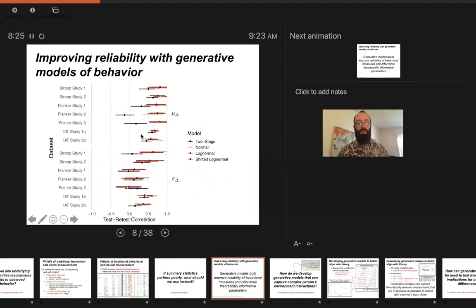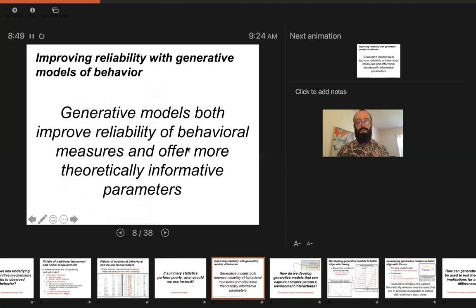On average, you get about 0.3, 0.4 test-retest correlation across all of these different tasks that we reanalyzed, whereas the generative models are performing much better, like around 0.7, 0.8. And sometimes you see this for the sigma parameter, not as much, but mu, this parameter again reflects how difficult the stimulus is. And so this is usually what we're making inference on.